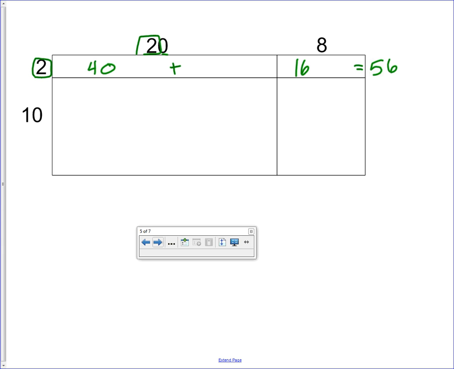Over here, I've got my 10 times 20. 1 times 2 is 2, with 2 zeros. 200 plus 10 times 8 is 80. And that equals 280. I add those up. Here's my plus sign. I get 336. Hopefully I didn't lose you guys in that transition.